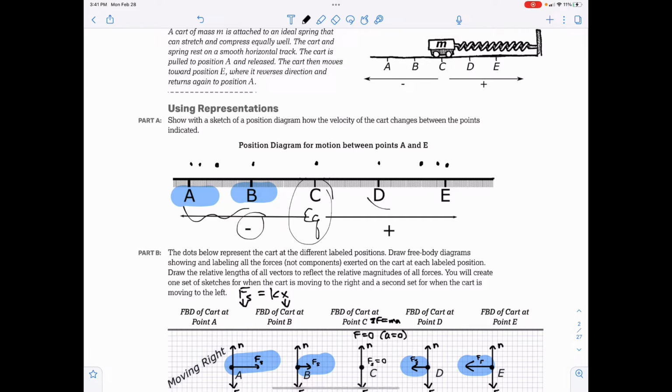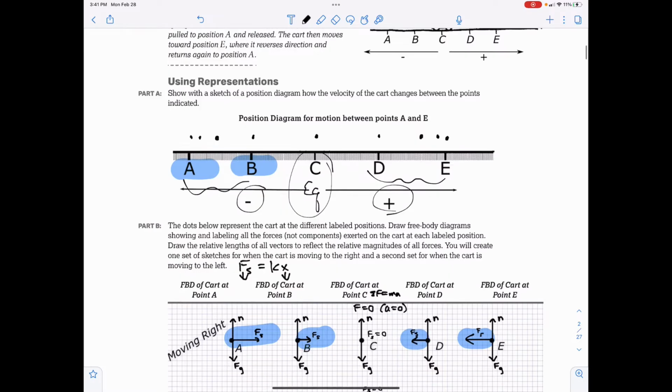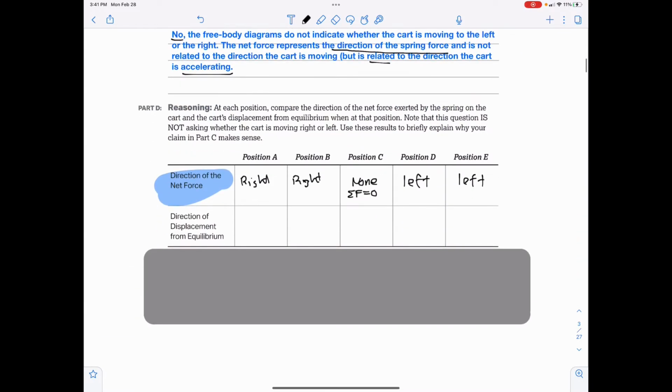D and E are both on the right side. So left, left. None here because equilibrium is x equals 0. Right? This is equilibrium. And then position D and E are both positioned with the displacement to the right of equilibrium.